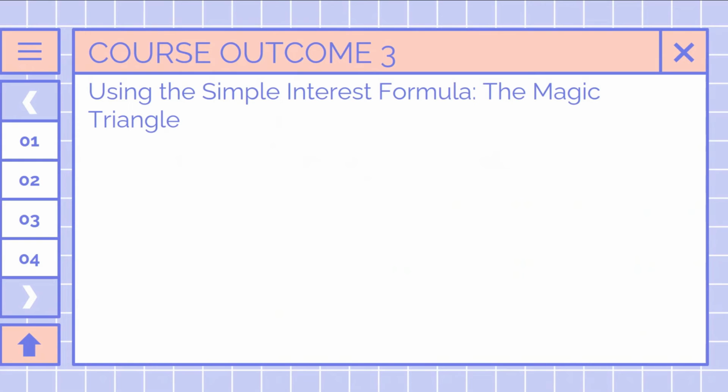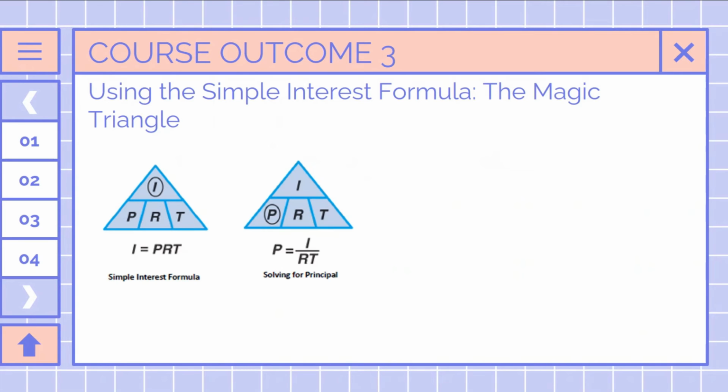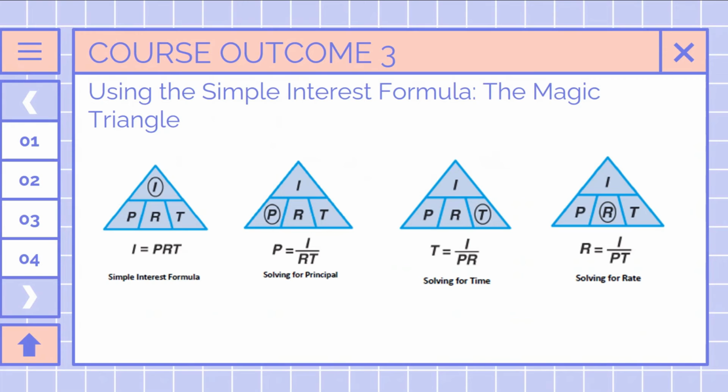Okay, so now we have the magic triangle. Using the simple interest formula, the magic triangle. We have this magic triangle in solving the other variables in simple interest. In the first triangle, the formula for interest is principal times rate times time.